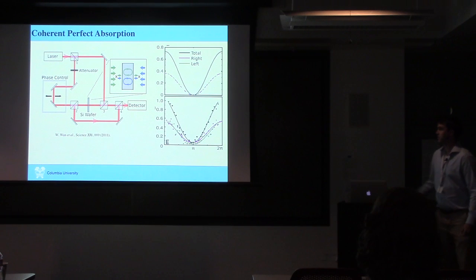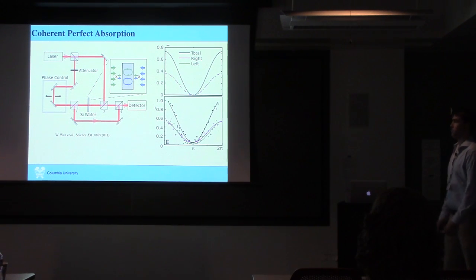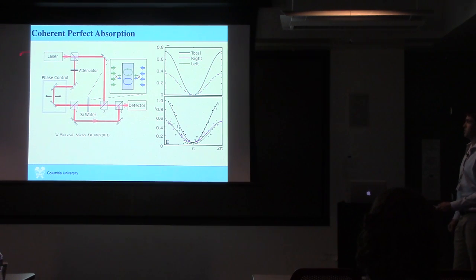And here is an example that group gave when they came out with this theory. They basically just took a Mach Zehnder interferometer and stuck a little silicon wafer in there. And here's a little cartoon that makes it easier. So here's the two inputs, here's the resonator, and here's your theoretical and experimental data.